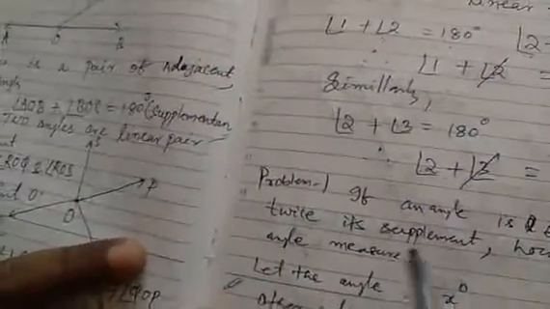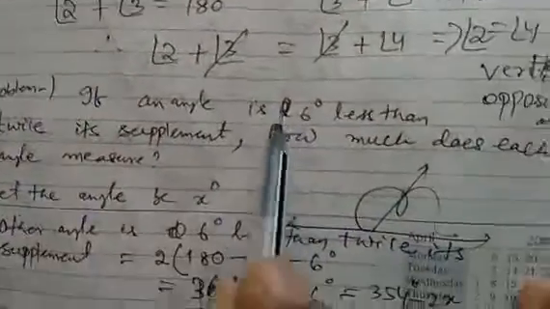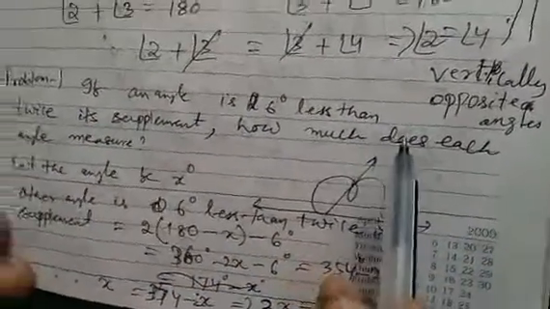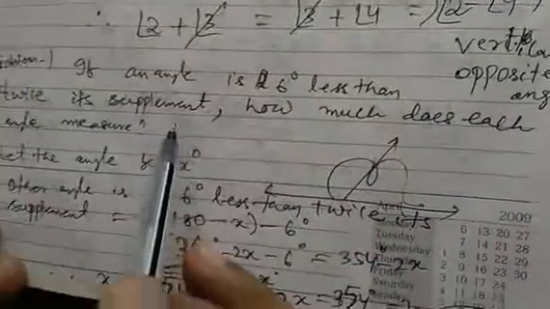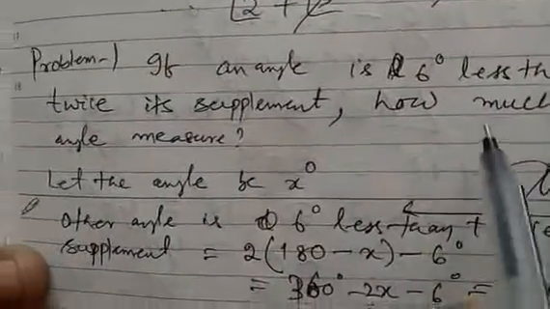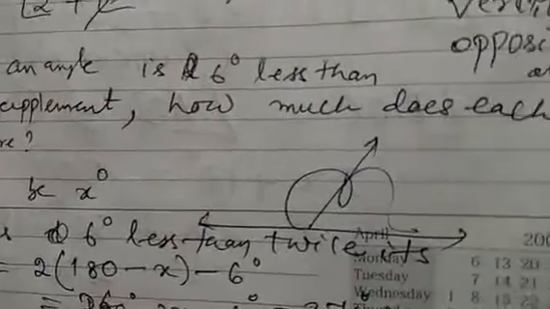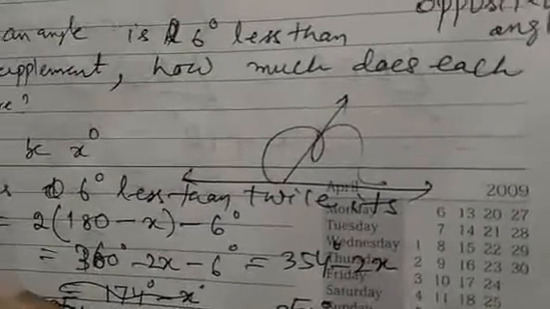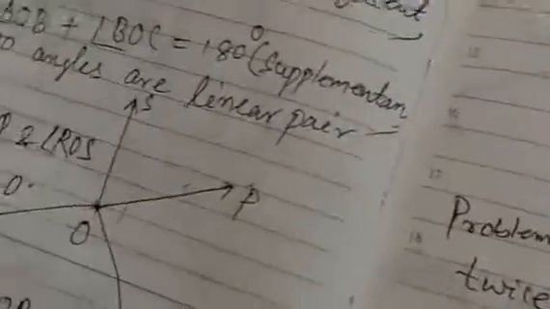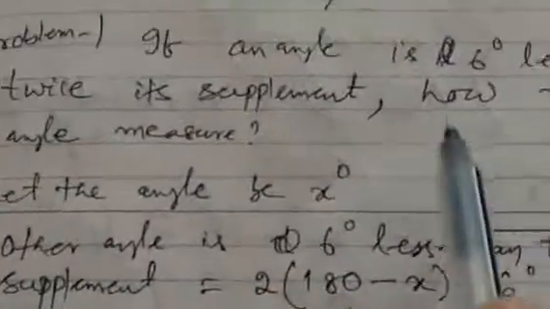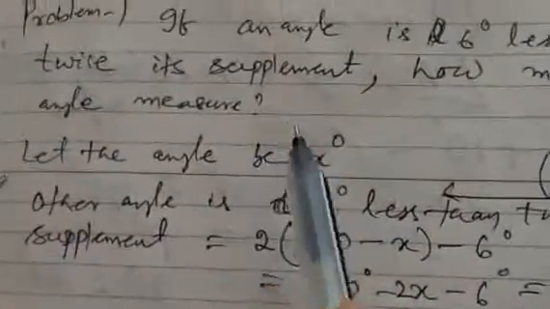One problem is given: if an angle is 6 degrees less than twice its supplement, how much does each angle measure?